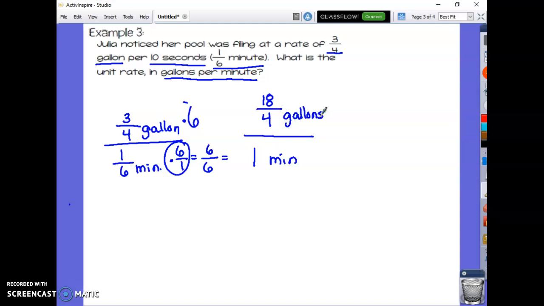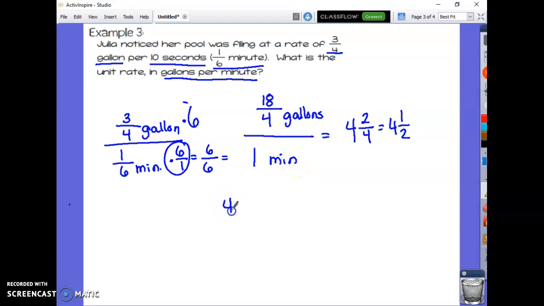So we're not quite done yet because we still have 18 over 4 over 1. Well, whatever number you have in the numerator divided by 1, it's just the number itself. So we know it's going to be 18 over 4. When we simplify that, well, 4 goes into 18 4 times with a remainder of 2 over 4, or 4 1/2. And our units are gallons per minute.